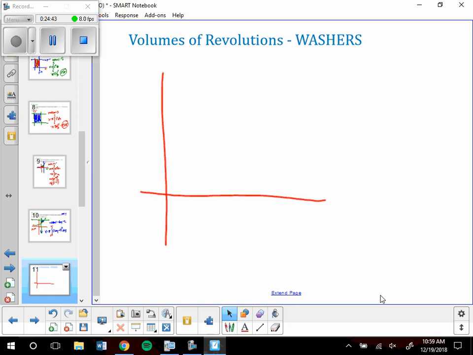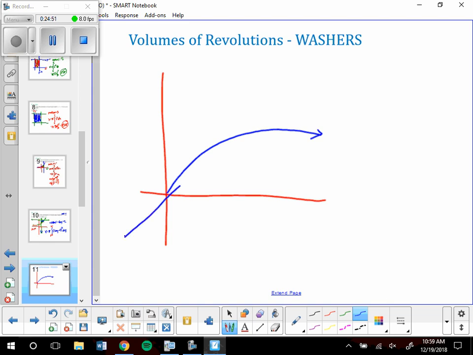So I have this area, and I rotate it around the x-axis, what's going to happen?